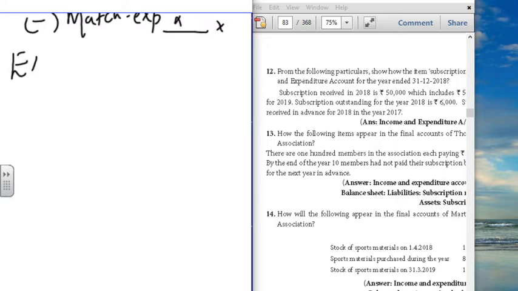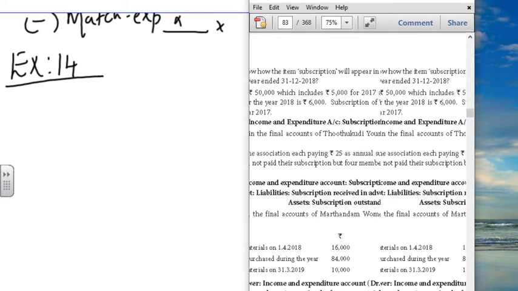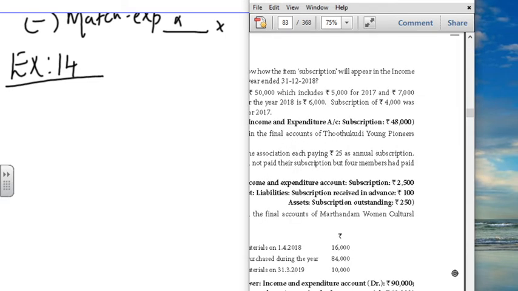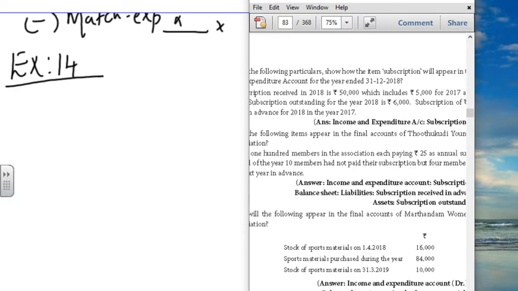Stock of sports material on 1/4 is given. 1/4 is nothing but the opening information, and it is nothing but the opening stock. Don't get confused. Purchased during the year is nothing but the purchases. Stock of sports material on 31/3 is nothing but the closing stock.